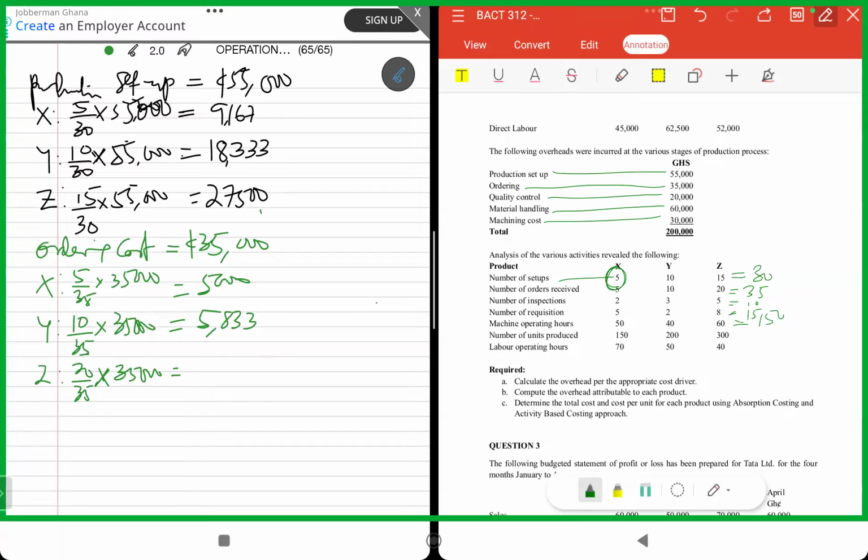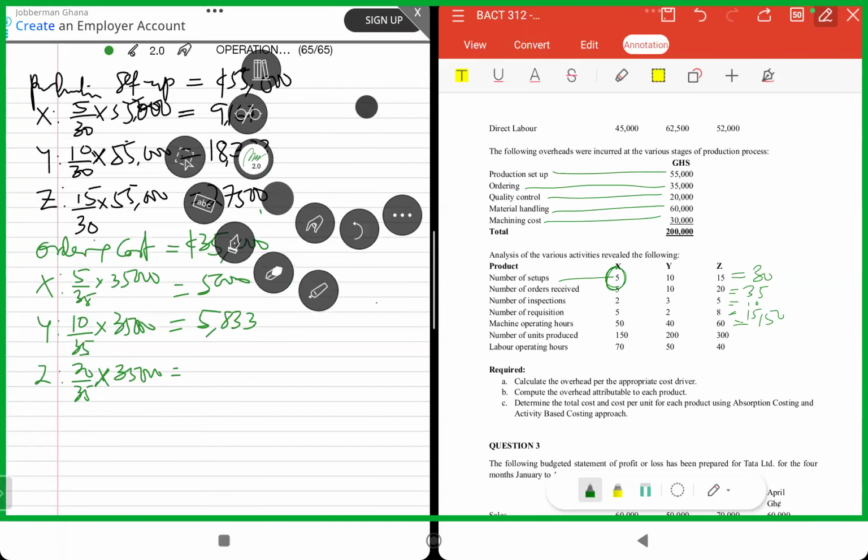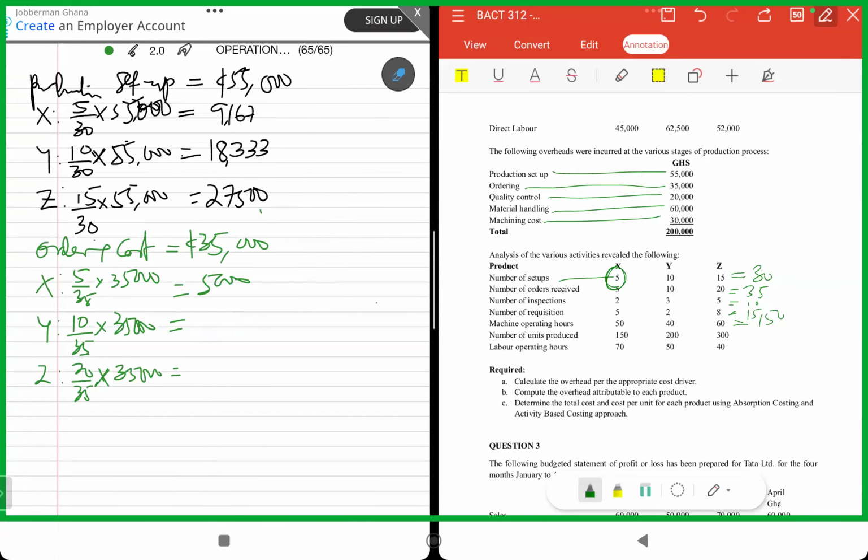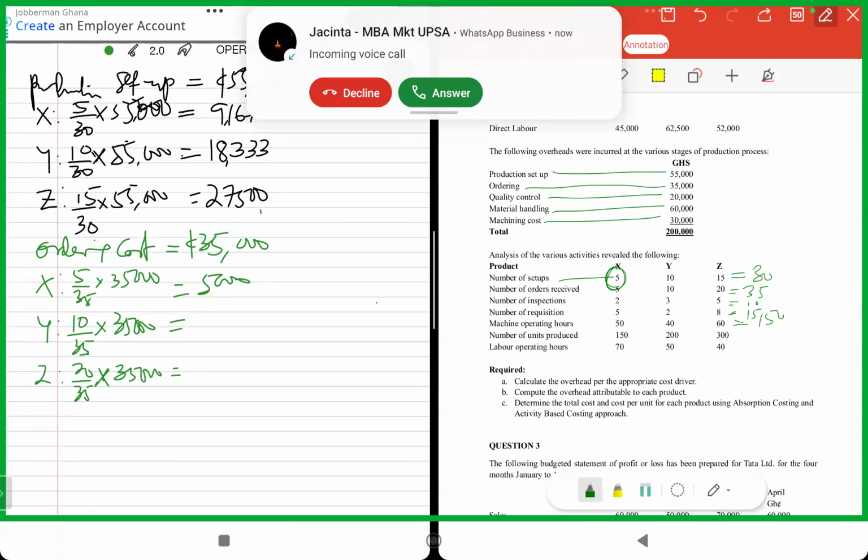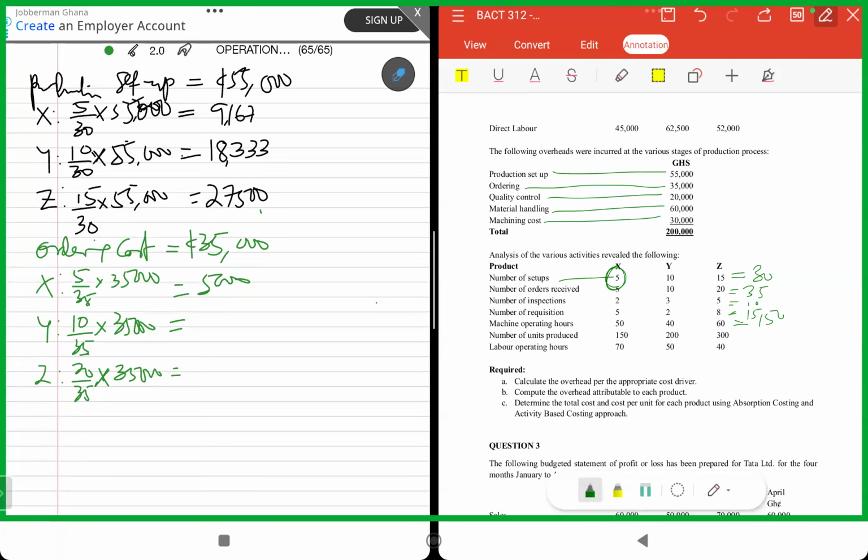For X, 5 over 35 times 35,000. It's 5,000. Let me see your calculator. Display it on the screen.